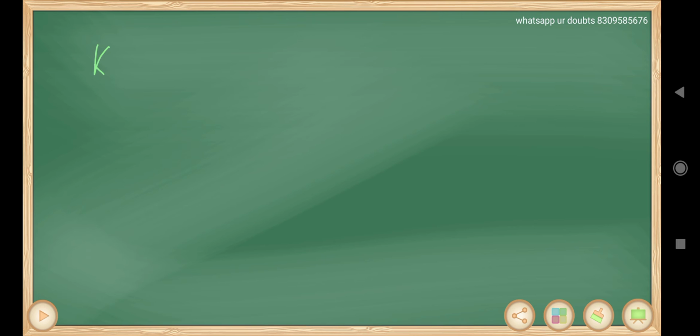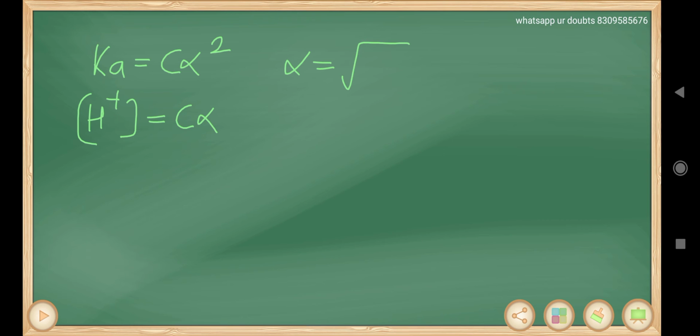Ka is equal to C alpha square. H plus concentration is equal to C alpha. Alpha is equal to root over Ka by C, and H plus concentration is equal to root over KaC. If you remember this formula, that's enough.